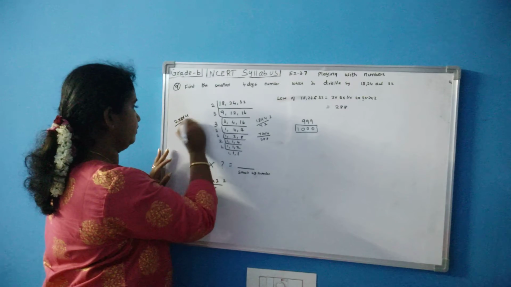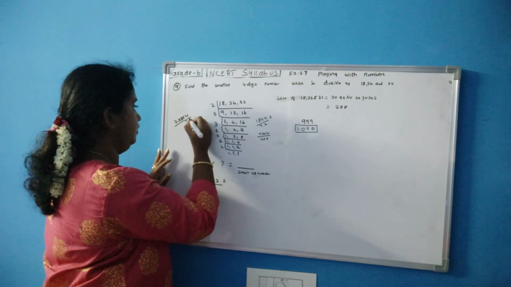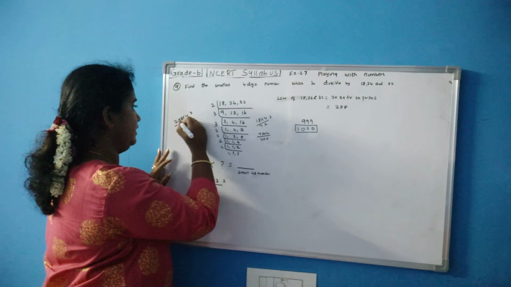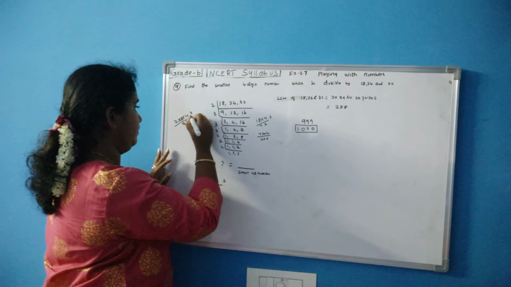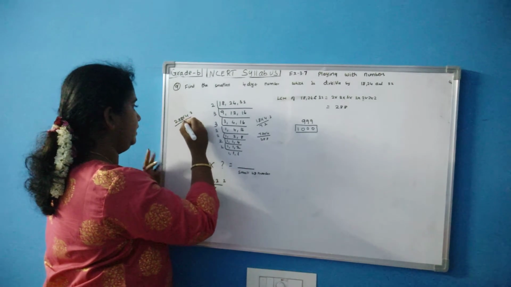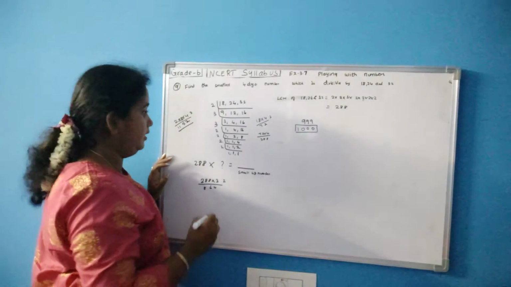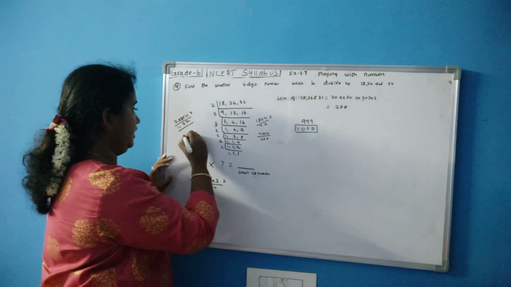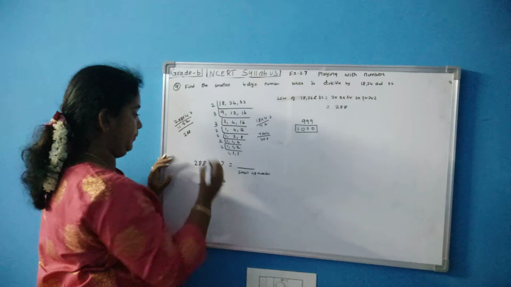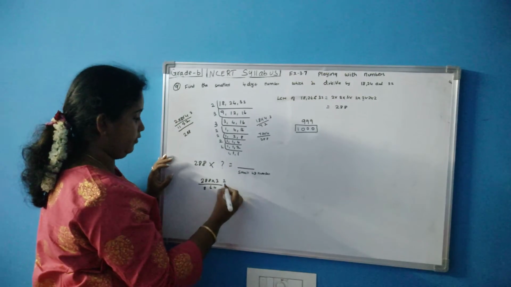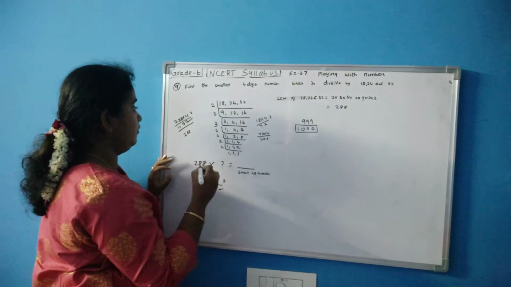288 into 4. 8 4s are 32, balance 3, 2 4s are 8, 11, 1152. Now I am getting a 4-digit number. In order to check if it is least, the previous number is 864 and then the next number is 1152.